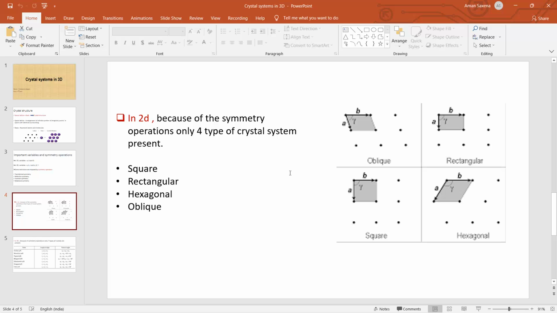The second one is the rectangular, in which the magnitudes of a and b are not equal and the angle between them is 90 degrees. The third one is the hexagonal, in which the magnitudes of a and b are the same but the angle between them is 120 degrees. The fourth one is the oblique, in which the magnitudes of a and b are not equal. So these are the four kinds of crystal systems present in 2D.